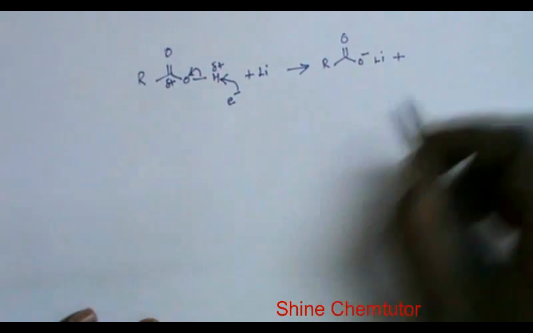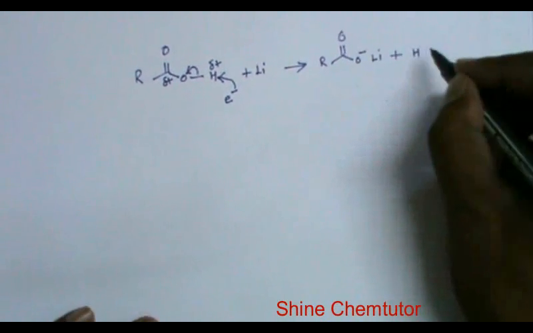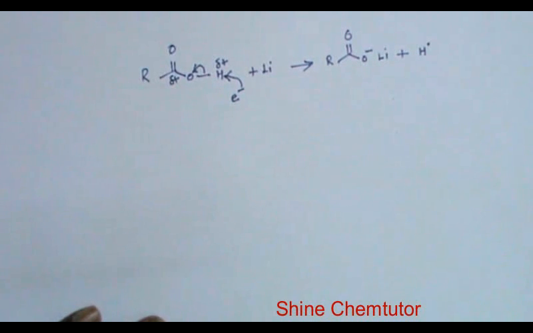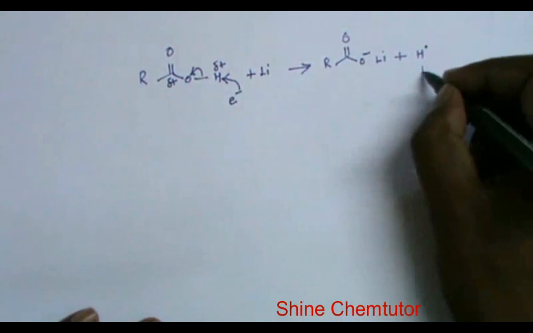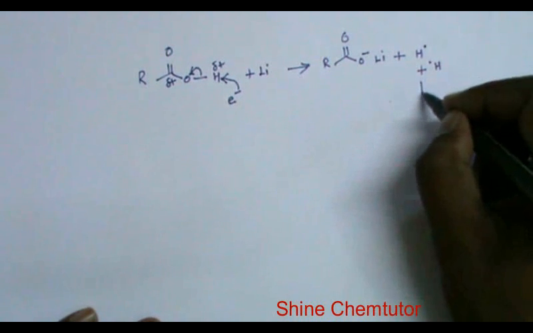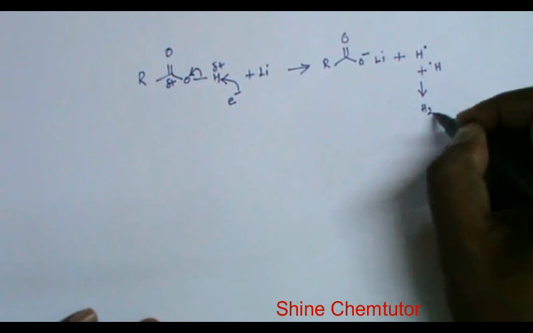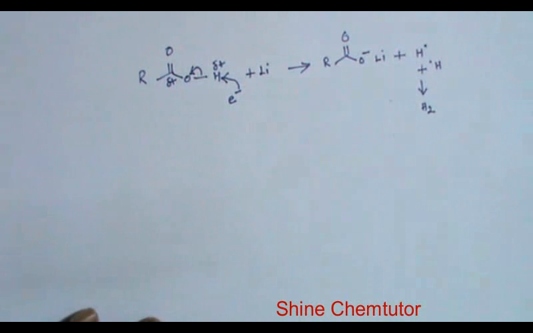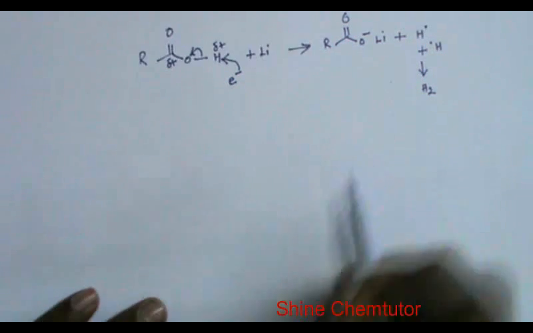What about this hydrogen? This hydrogen will get one electron. This will combine with one more H. They will combine to liberate hydrogen. When you add alkali metal to acid, this is the reaction. Basically, one electron is transferred to the more electropositive hydrogen atom. We get carboxylate.